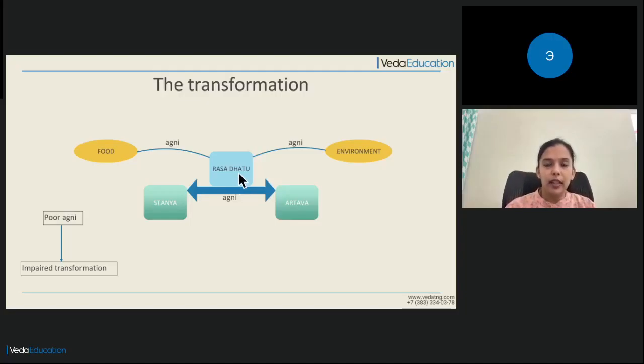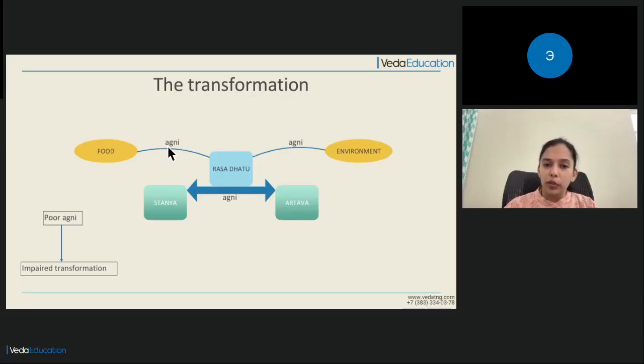Rasadhatu is the concentrated nutrition from the food. It is highly dependent on the food, like whatever kind of food we take, it is the first product, and hence it carries the maximum components of the food. And this, without much filtering or further processing, goes to Artava and Stanya, that is, to the menstrual organs and also to the breast.